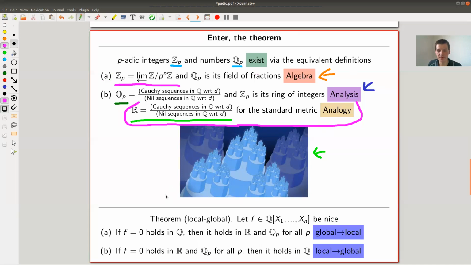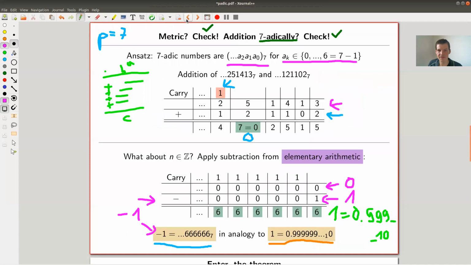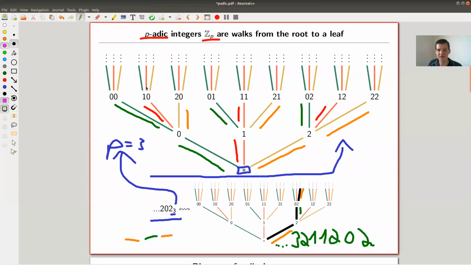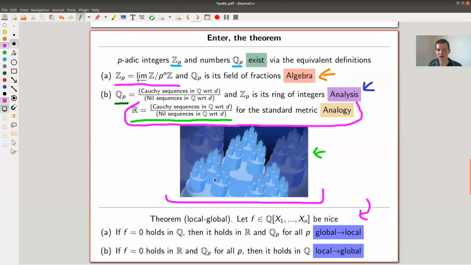And the picture, before I explain the theorem that I was going to talk about, is, as I said, stolen from the article linked in the description, and it's exactly the same idea. Instead of climbing trees, which is what I did, they decided to climb towers.